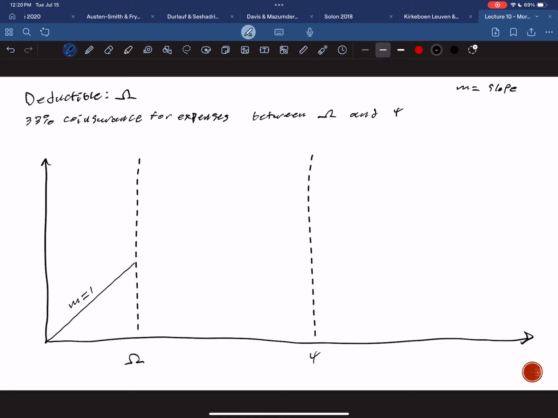The x-axis here is dollars of net healthcare expenses, so this is how much you and the insurance company together are paying.